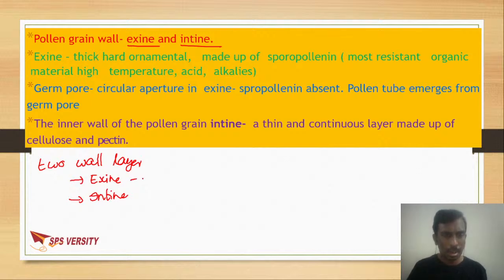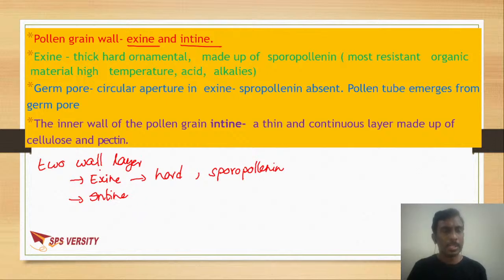Exine is very hard. It is tolerant to strong chemicals and alkalis, even high temperatures. And it is made up of a chemical called sporopollenin.